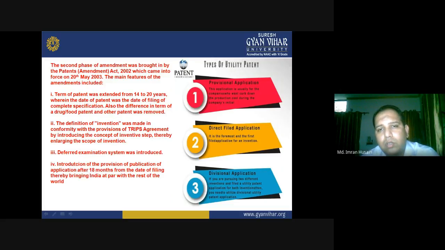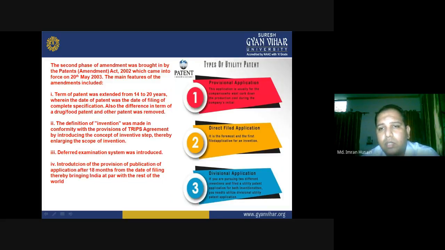So because of that, India came step by step with other developed countries who are running the similar laws and scenarios.